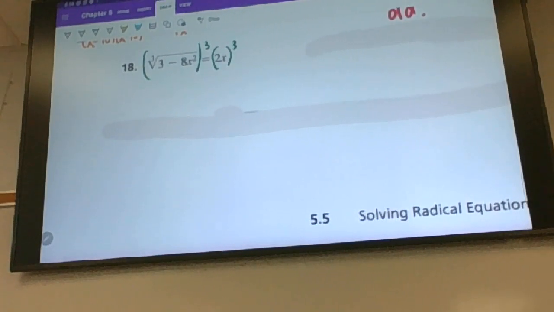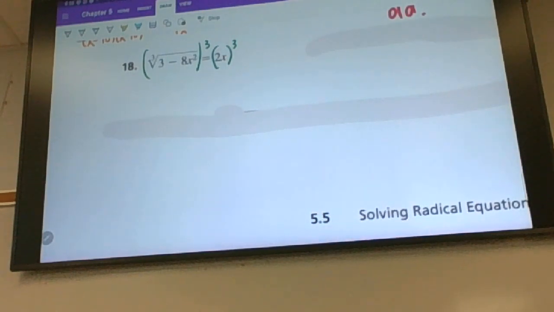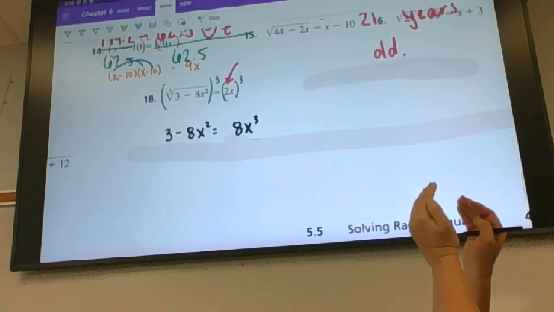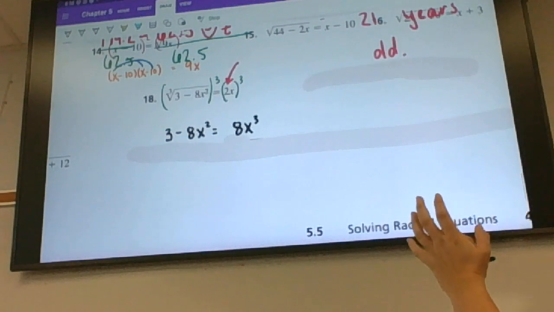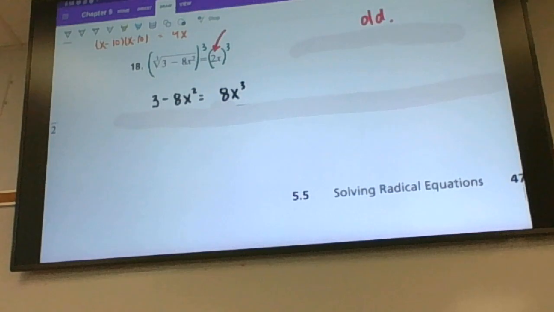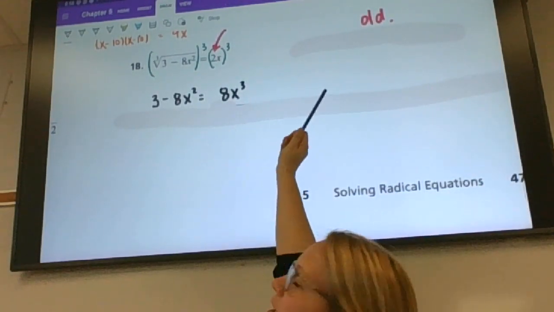A lot of people will not end up doing the 2 to the 3rd, and we didn't see this on many of these. So this would be 3 minus 8x squared is 8x to the 3rd. Be careful about this. The 2 also gets the power of 3, because you're doing the whole side. In all of our other ones, there wasn't a coefficient on x. So when I raise this whole side to a power of 3, that's 2 to the 3rd, x to the 3rd.